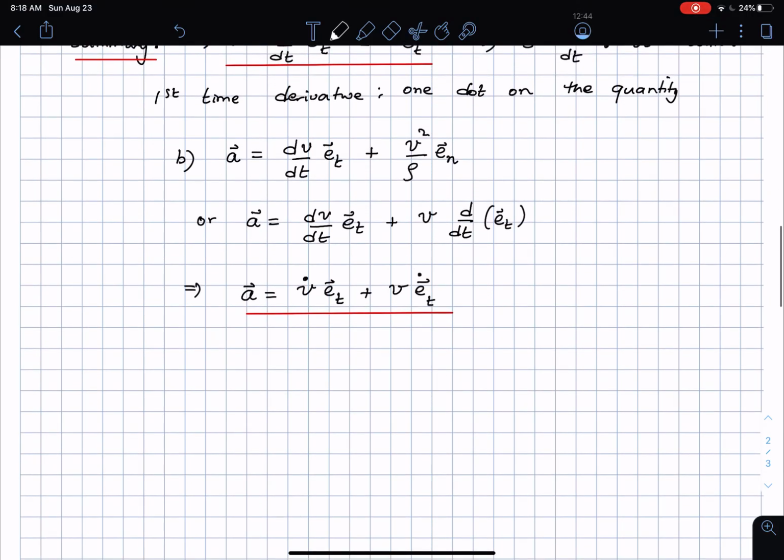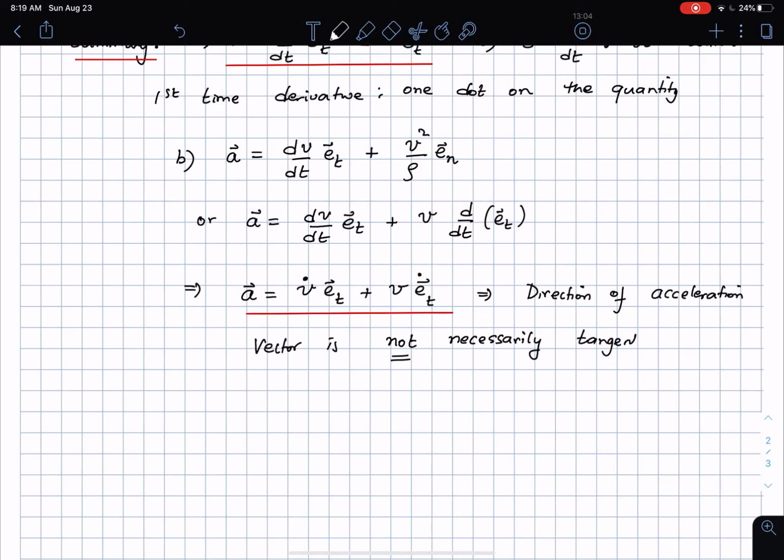So this tells me that the direction of the acceleration vector is not necessarily tangent to the path if the path of the particle is a curve.